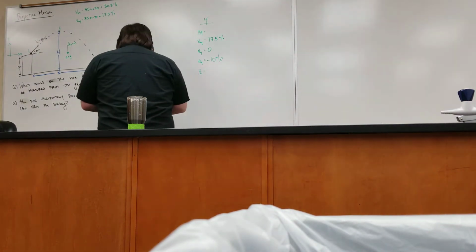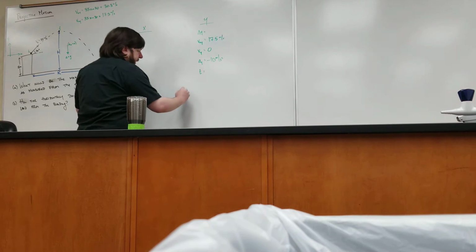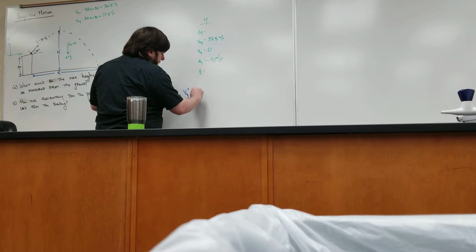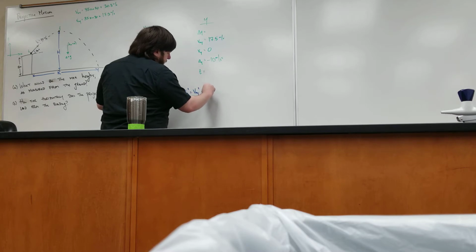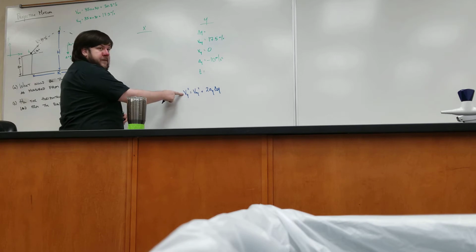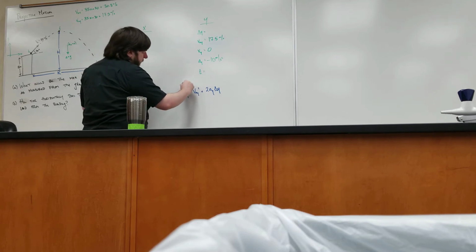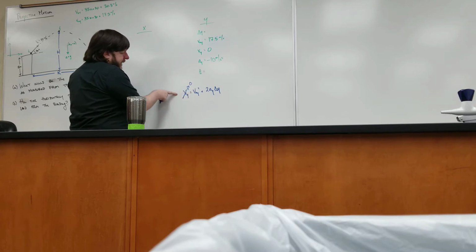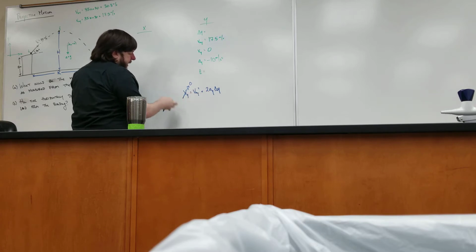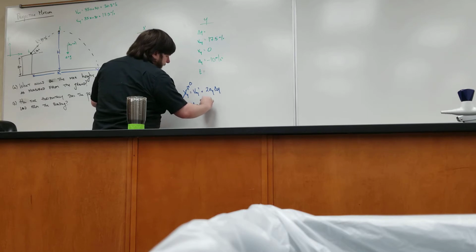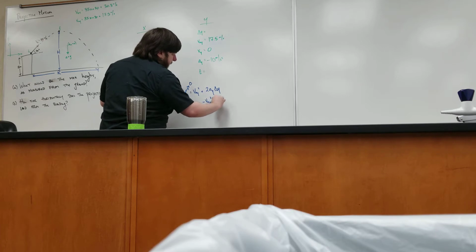Okay, so let's use the equation vy squared equals v naught y squared plus 2ay delta y. The final velocity is going to be 0. So I can subtract v naught y squared to the left-hand side and divide by 2ay. So delta y is negative v naught y squared divided by 2ay.